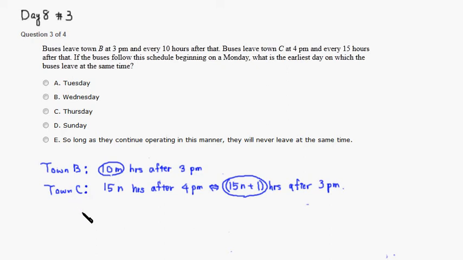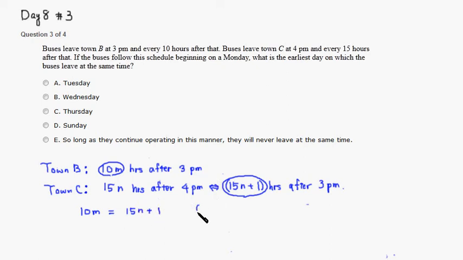point. Then 10m has to be equal to 15n plus 1, right?